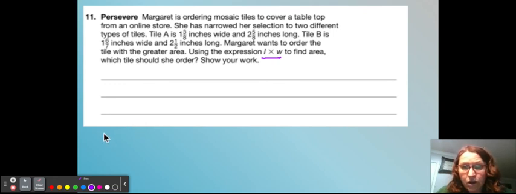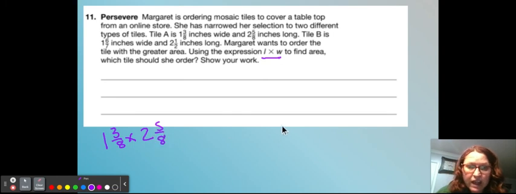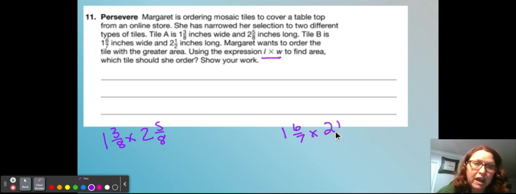So I need to do 1 3/8 times 2 5/8. Then I have to do 1 6/7 times 2 1/2. First thing I have to do is turn these into a numerator-denominator situation. So 8 times 1 is 8 plus 3 is 11.